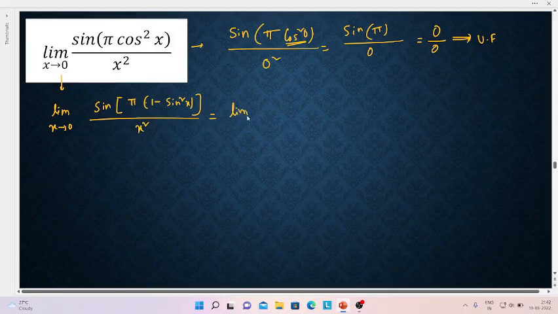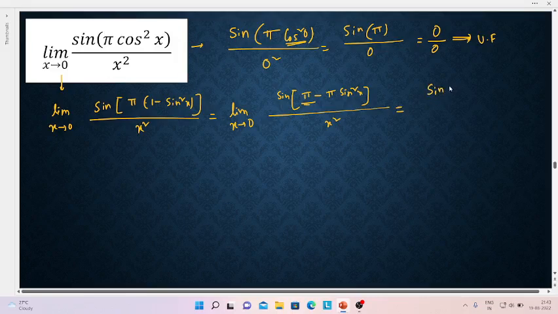Similarly, we can write this particular thing as sin(pi times (1 minus sin square x)), which can be written as sin(pi minus pi sin square x), and on the denominator we have x square. Now, sin(180 degrees minus theta) is in the second quadrant, where sine is positive, so we get sin theta.